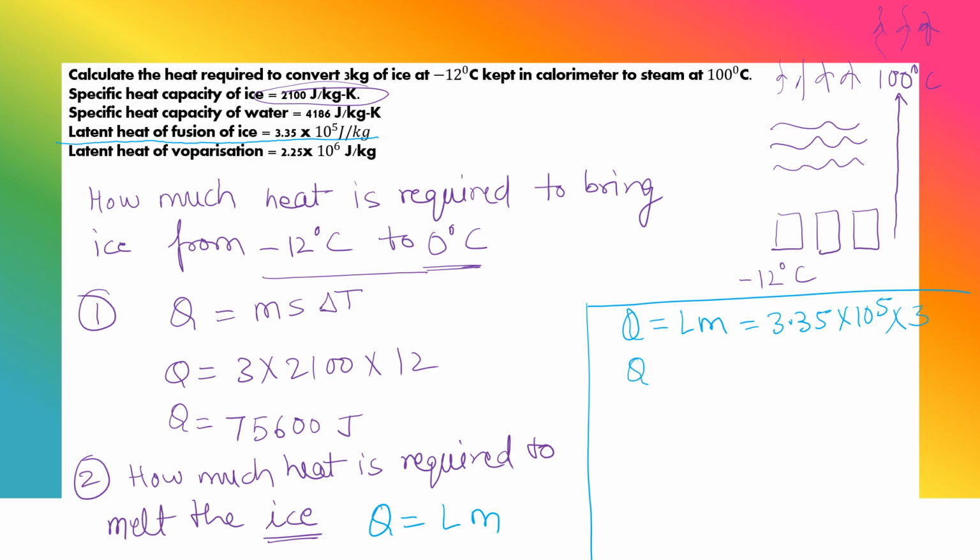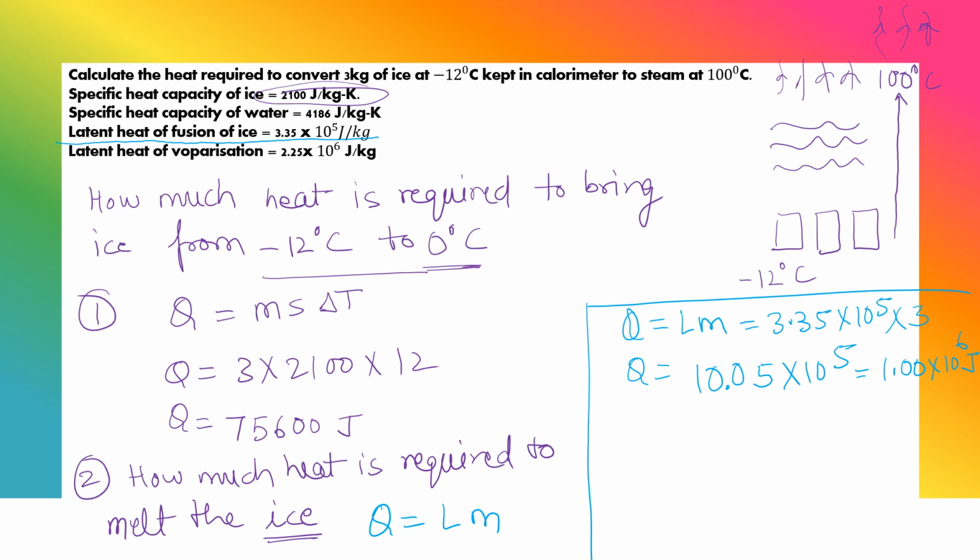So if you do the calculation, I will write 10 power 5 first, then 3 5s are 15 and 3 3s are 9 plus 1 is 10, so we will get 10.05 into 10 power 5, which can be written as 1.005 into 10 power 6 joule, right?